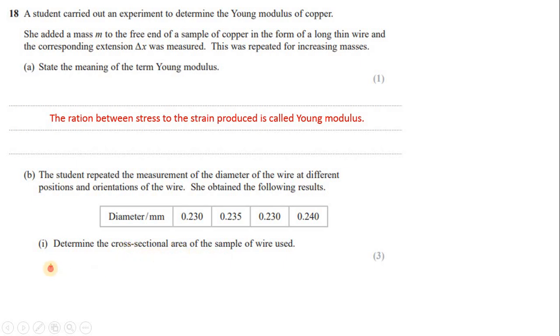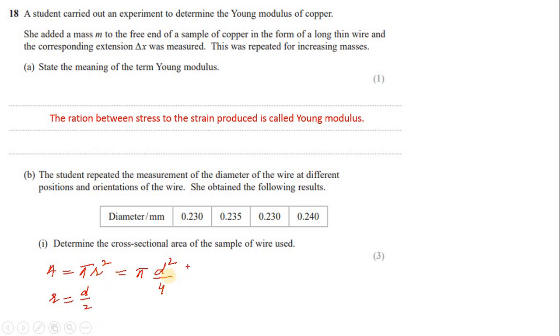So area of cross-section A is equal to pi r squared. But as they are giving the diameter, I will be using pi d squared by 4, because r is half of the diameter, and because of the square, we have 4 here.